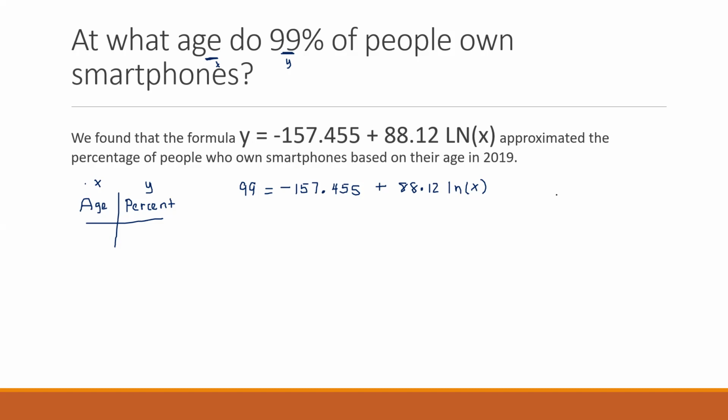So I'm first going to add 157, because it's the opposite of subtract 157, to both sides. And I do this because when we learned to solve equations, we said you want to take care of any addition or subtraction first. So that is why I'm picking to do this first.